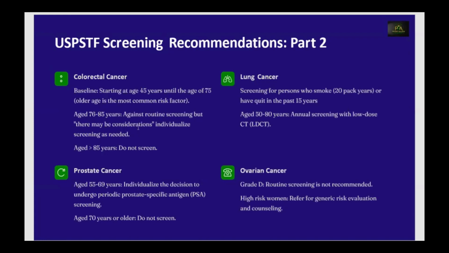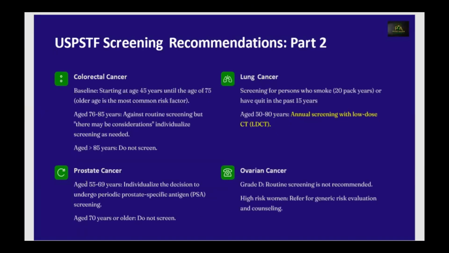Then colorectal cancer starting from 45, and lung cancer. Please remember this: the annual screening with low dose CT. Please remember that, very important for the exam.